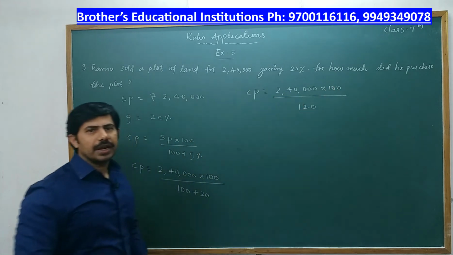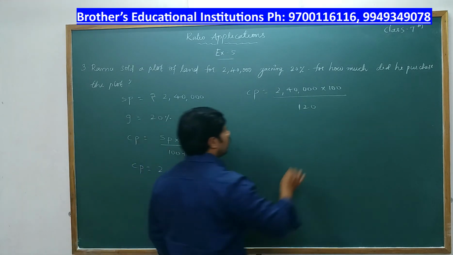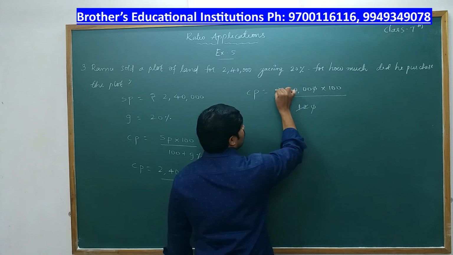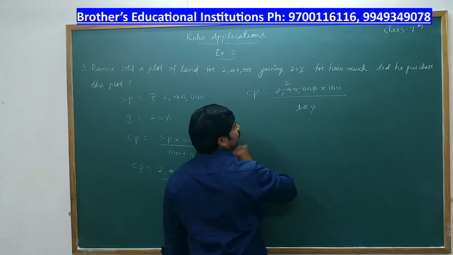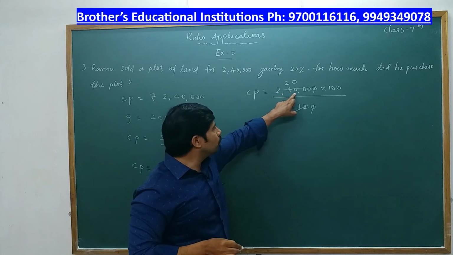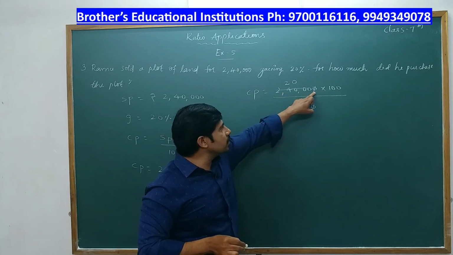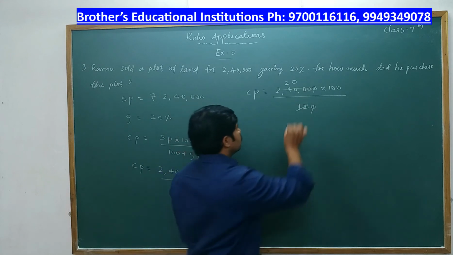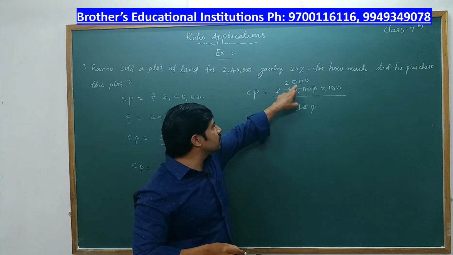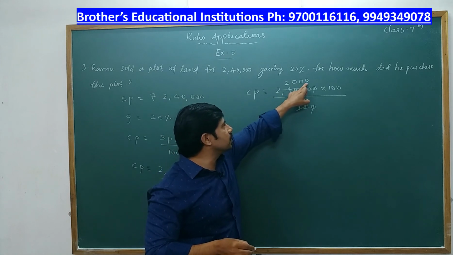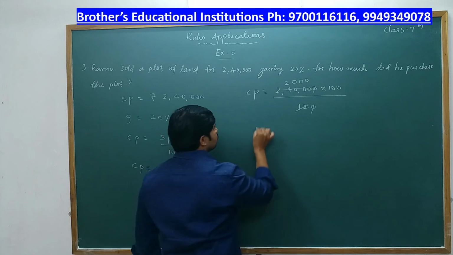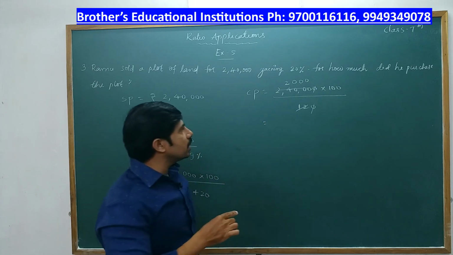So if you calculate this, we'll get the cost price. So what I do is I'll eliminate 0, 0. 12 ones are 12, 12 twos are 24, 12 zeros are 0. Only one 0 is eliminated, 2 zeros are left out. So add those 2 zeros. Now we get cost price is equal to 2000 into 100.